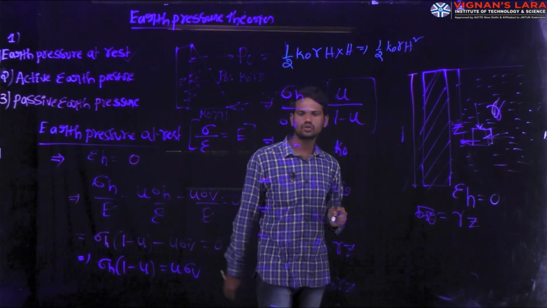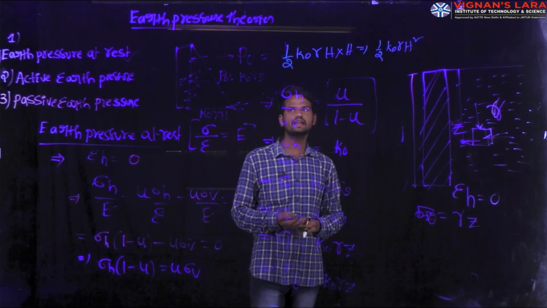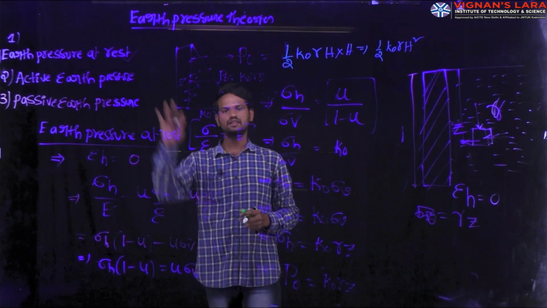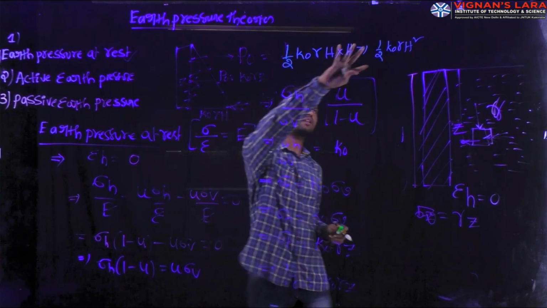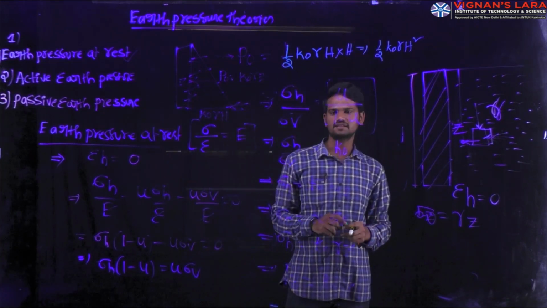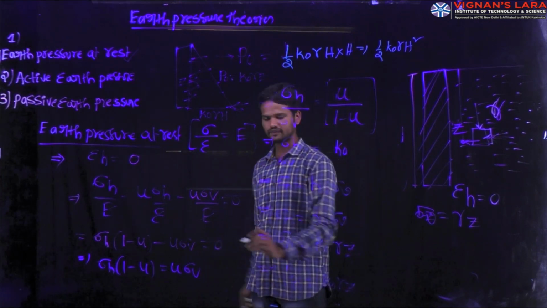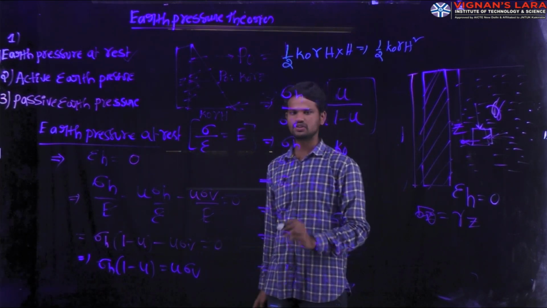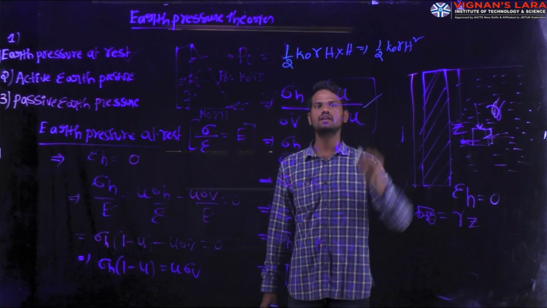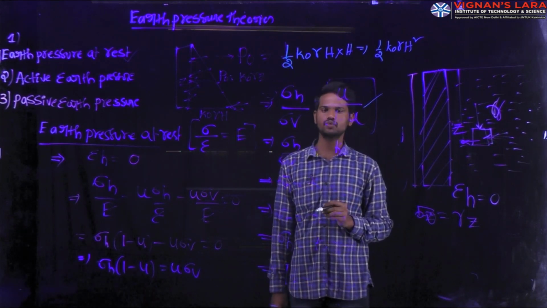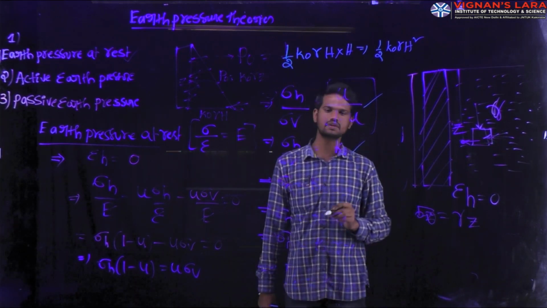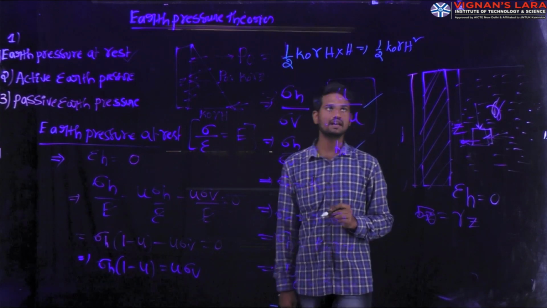This is the total horizontal pressure on the wall for the rest condition, where K naught is the coefficient of earth pressure at rest. We take it from Poisson's ratio, that is mu by 1 minus mu, which we call the coefficient of earth pressure at rest.